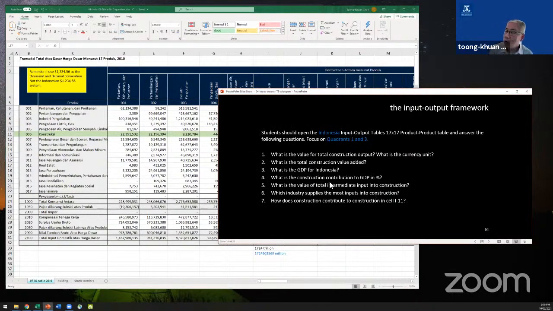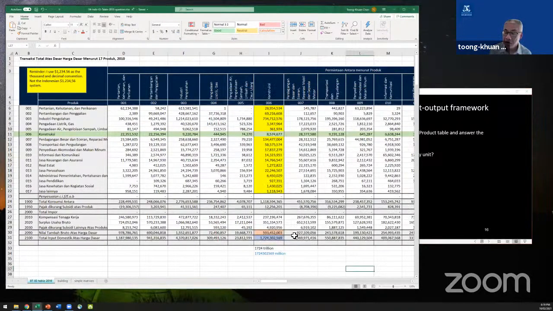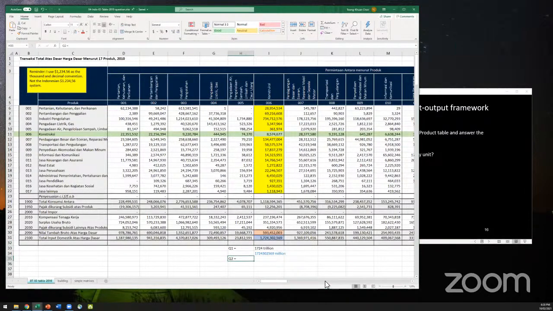Okay, question 2. What is the total construction value added? Total construction value added is which one? Question 1 is this answer. Question 2 is 593.